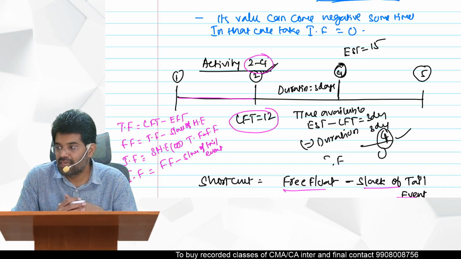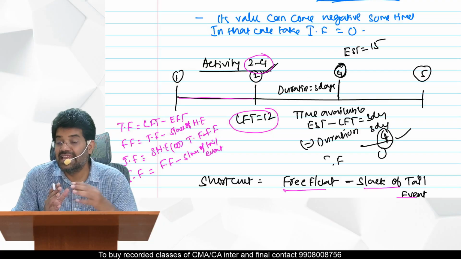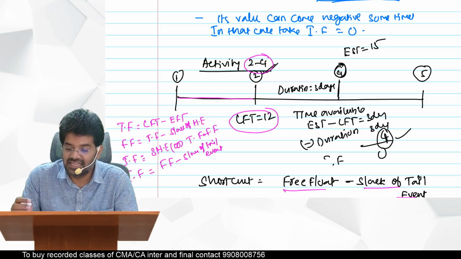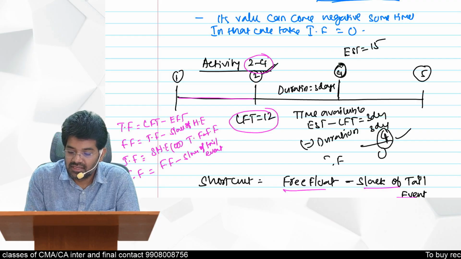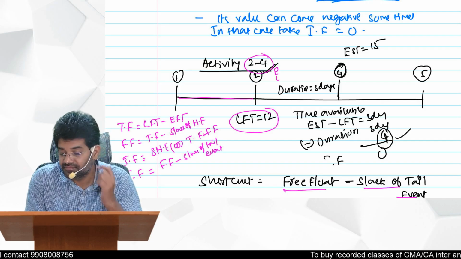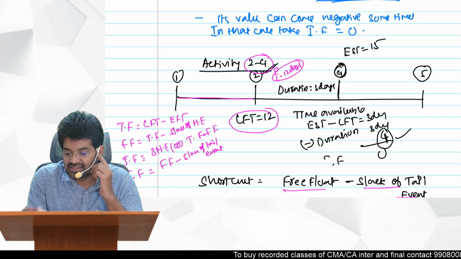Yes. If I utilize that 7 days, will it affect my latest finish time of 1 to 2? Yes. The reason is, if you look at the 2 E value, the latest finish time is 12 days. Go and check the diagram.